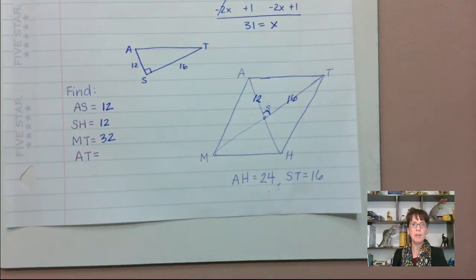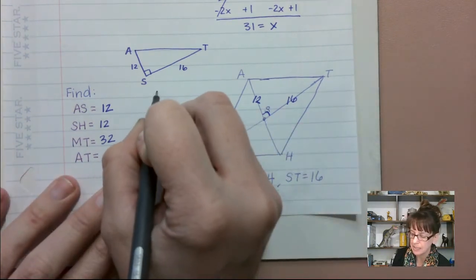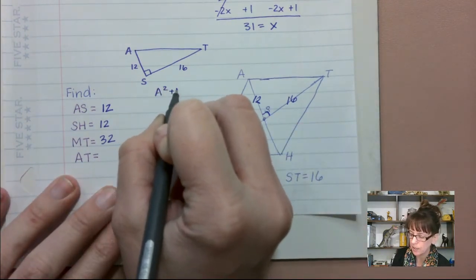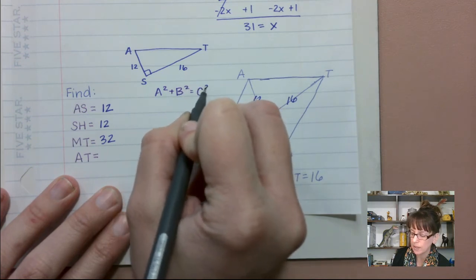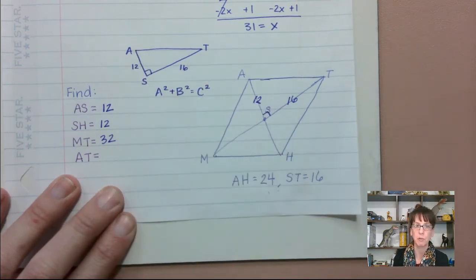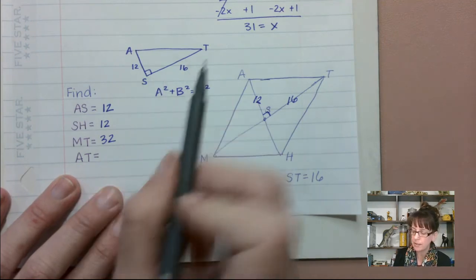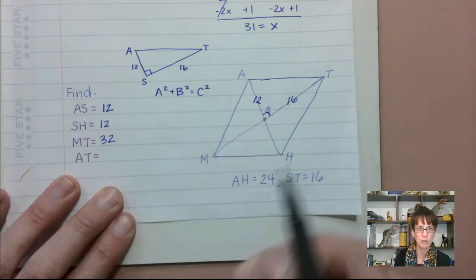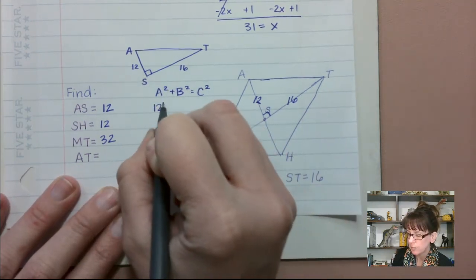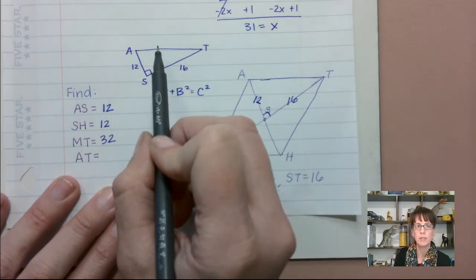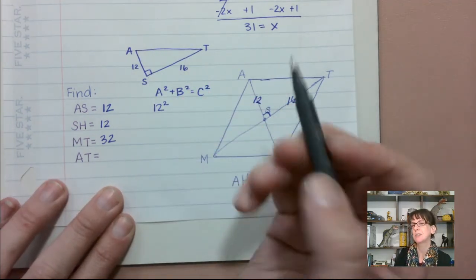So remember, with a 90-degree triangle, we can always use our Pythagorean theorem, which is a squared plus b squared equals c squared. And that should give us this AT right here. A and B can be either of our legs, it doesn't matter which is which, but our hypotenuse is always opposite our 90-degree angle, and it is always our largest side.